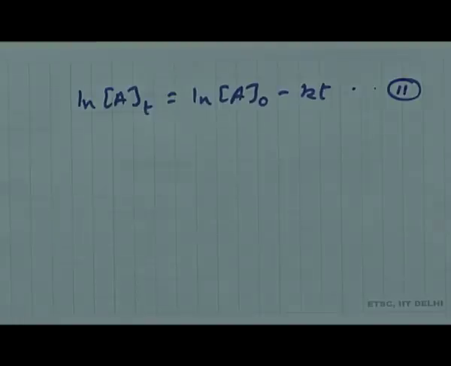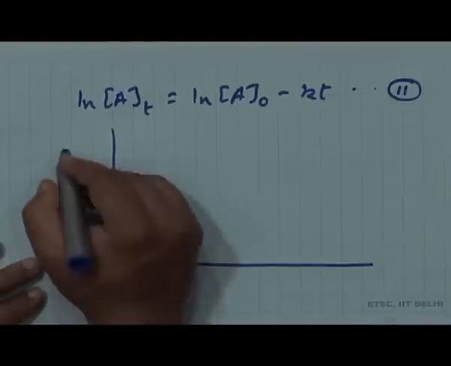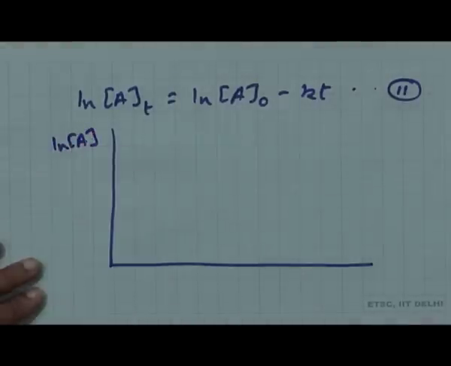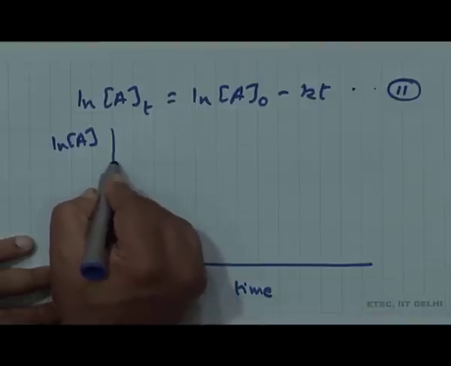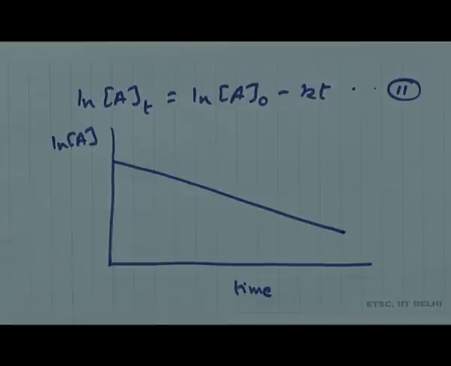What this again immediately appeals to you is that, oh, this is the equation of a straight line, right. Which means if I have the natural log of my concentration on this axis, and the time on the x axis, and I plot it now, I will be getting a plot which will look something like this, a straight line, right. And from the straight line, what are you going to get?